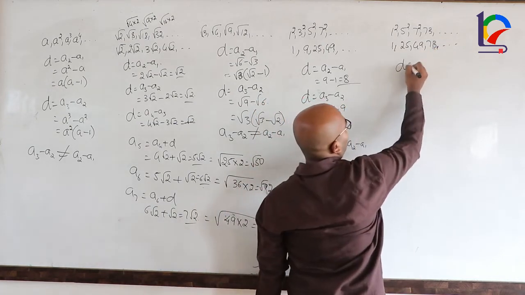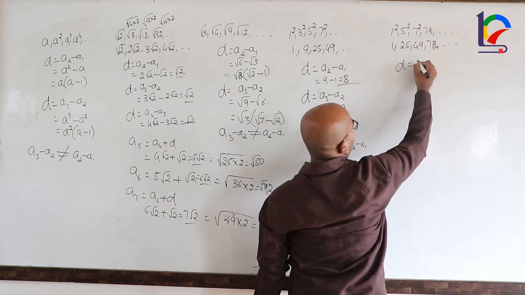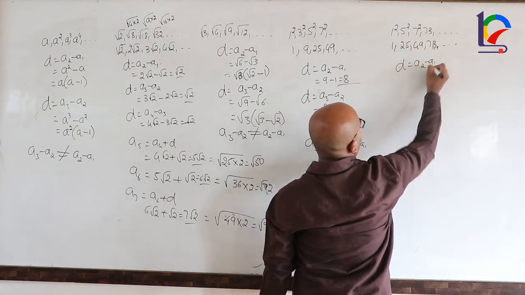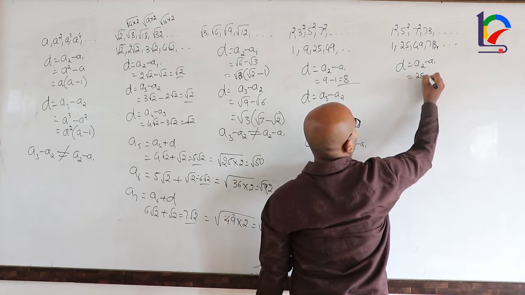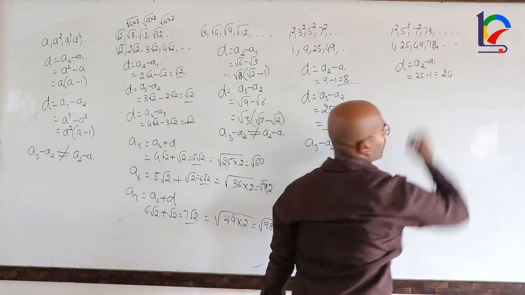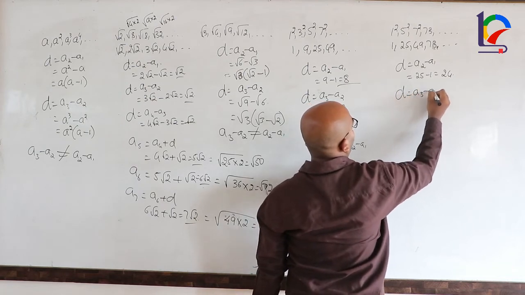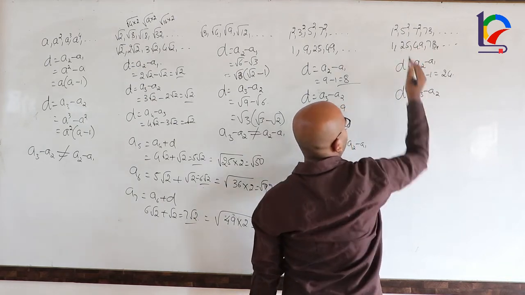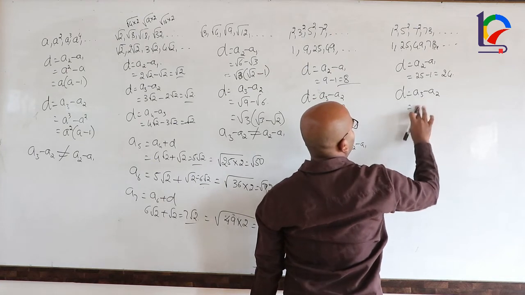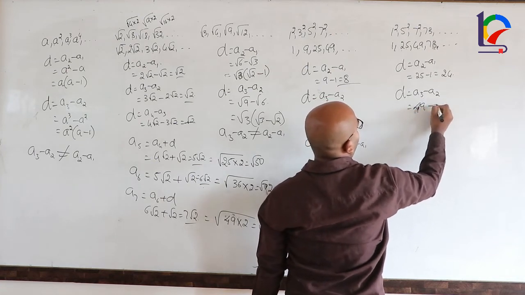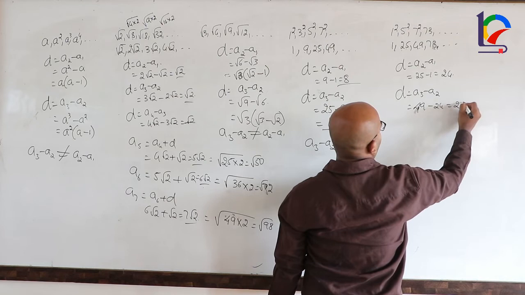So the first common difference, second term minus first term, a2 minus a1, that is 25 minus 1, 24. So next common difference, a3 minus a2. So it is 49 minus 25.